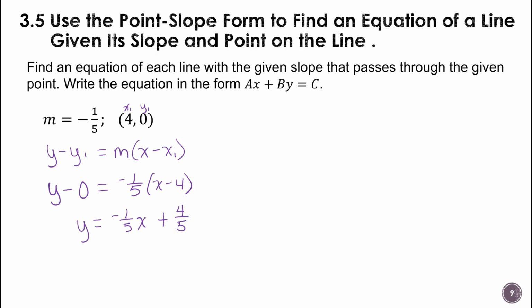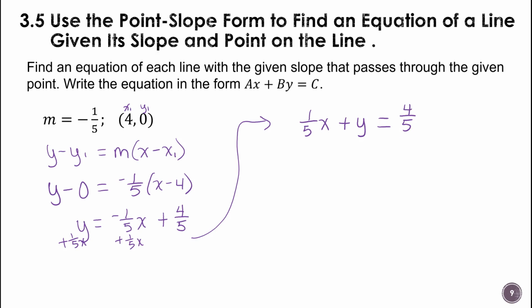Now, once again, I want my x on the other side. And I'm going to clear the fractions because in standard form, fractions are not acceptable. So 1/5 x plus y equals 4/5. We want to get rid of the 5. We don't have to worry about any negative.